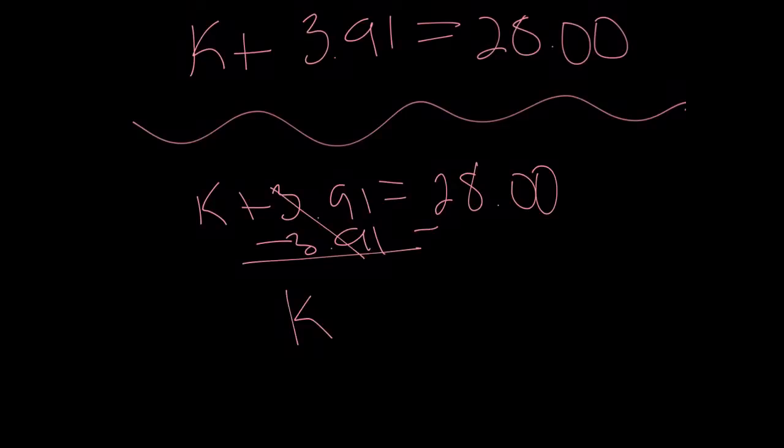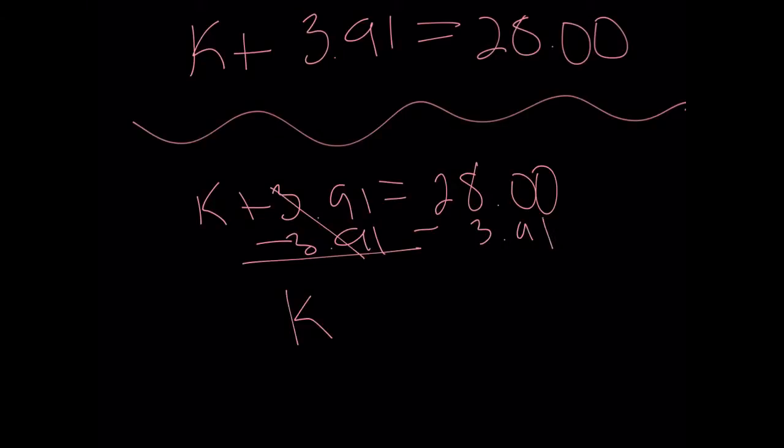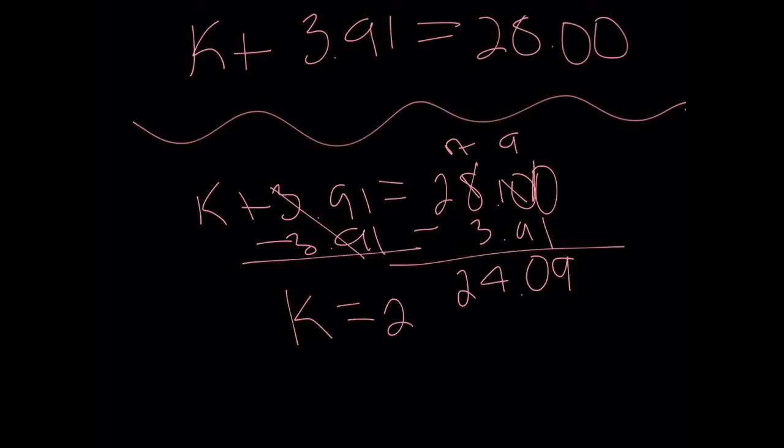Then we're going to subtract 3.91 from here. And since they're all zeros, we're going to have to borrow. So 8, that's 7. That's 10, which equals 9. So 10 minus 1 equals 9. 9 minus 9 equals 0. 7 minus 3 equals 4. And then that's still 2. So that equals 24.09. So K equals 24.09.